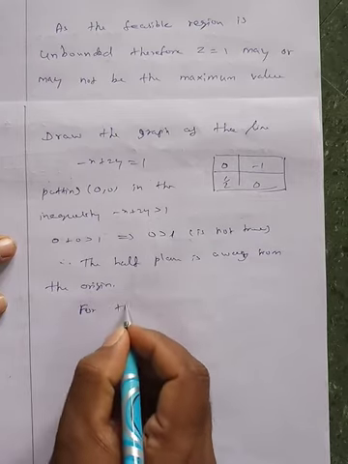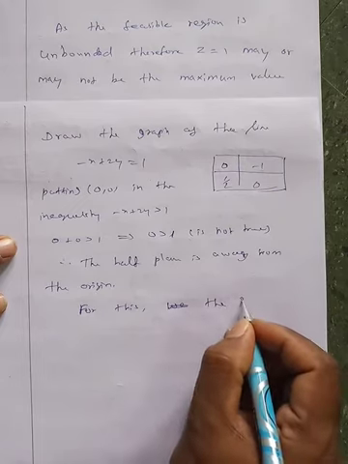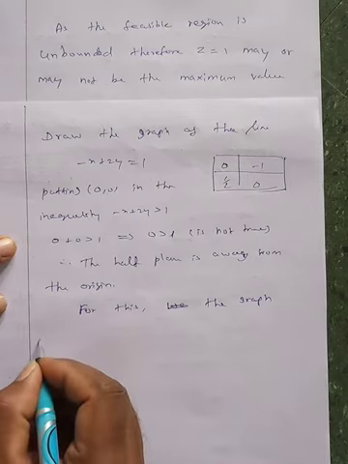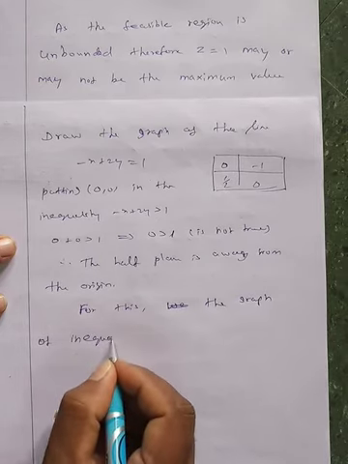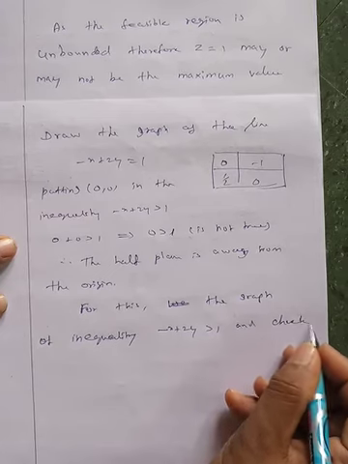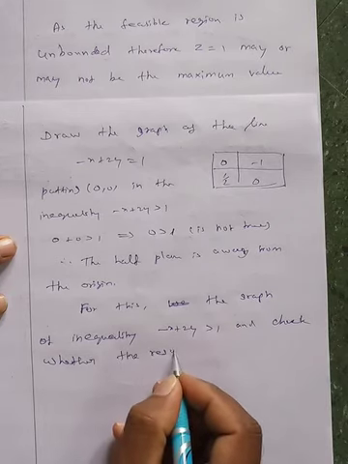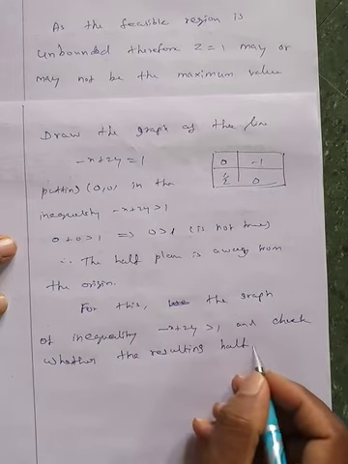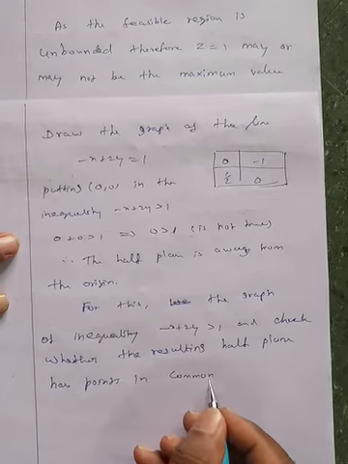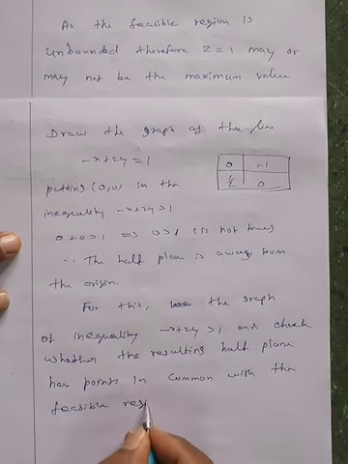Draw the graph of the inequality minus x plus 2y greater than 1 and check whether the resulting half plane has points in common with the feasible region or not.